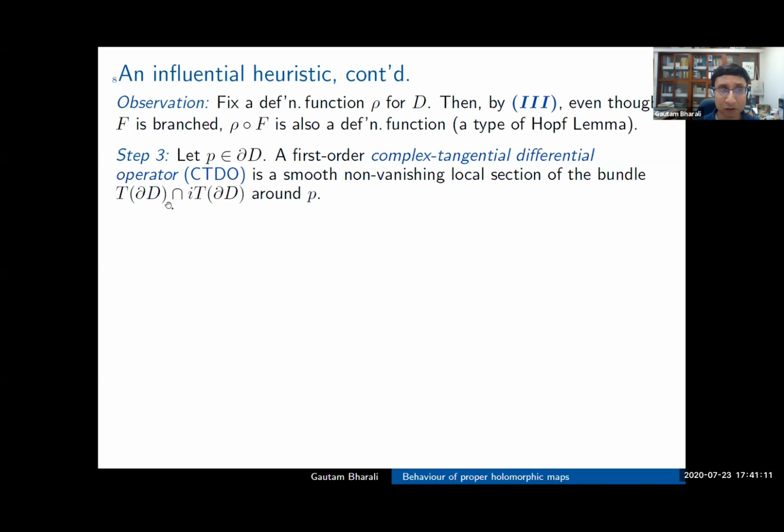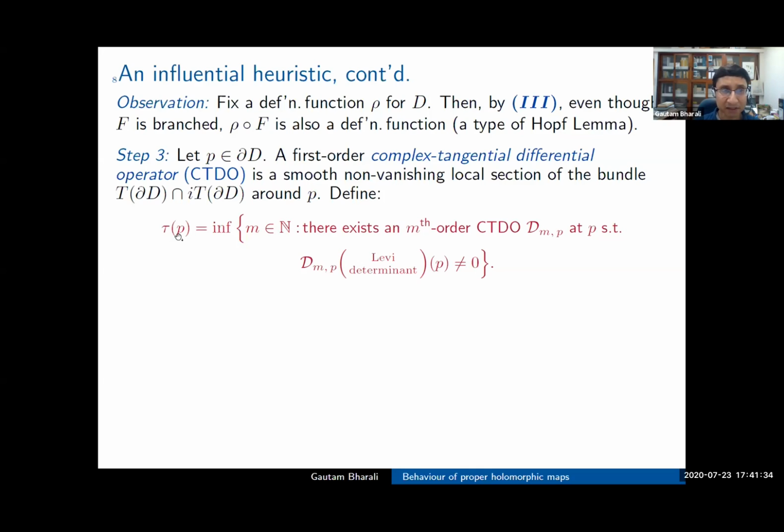I want this vector to point along the maximal complex subspace of the tangent space. So a complex tangential differential operator is a smooth, non-vanishing local section, not of the tangent bundle, but of this bundle, okay?